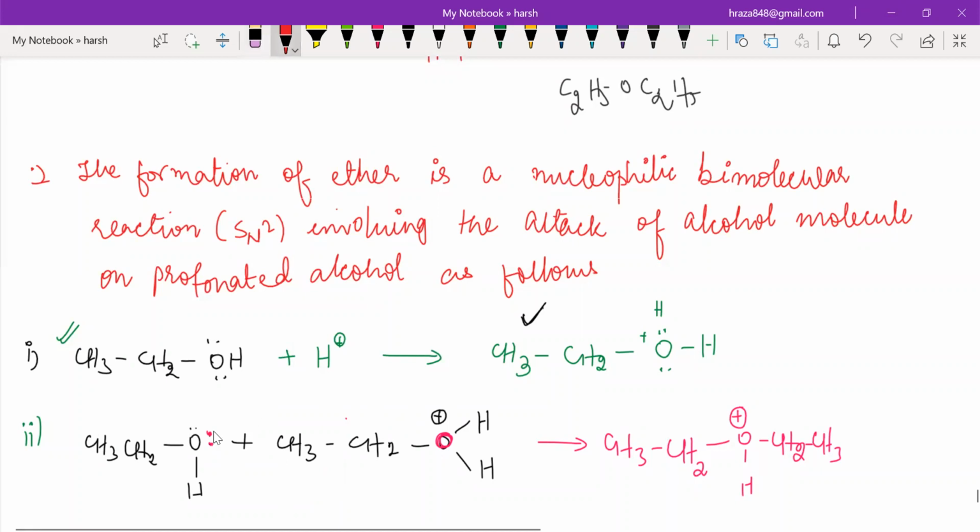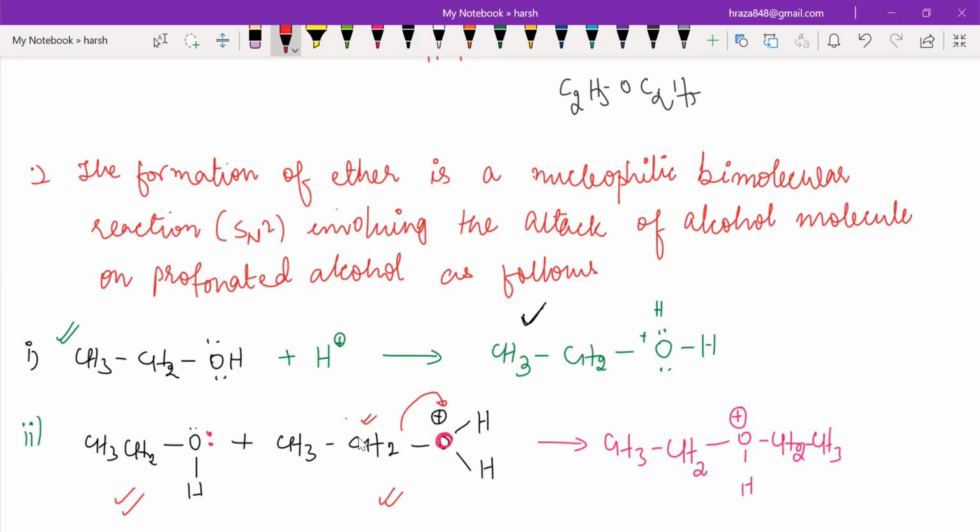Second one. So you can see this is alcohol, ethanol, and this is protonated ethanol, protonated alcohol. As I asked you, is positive charge on oxygen less stable or more stable? Less stable. So in order to get stability, this oxygen will withdraw electron from this carbon.